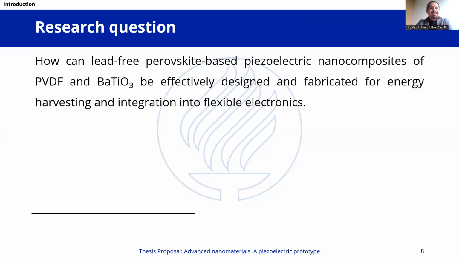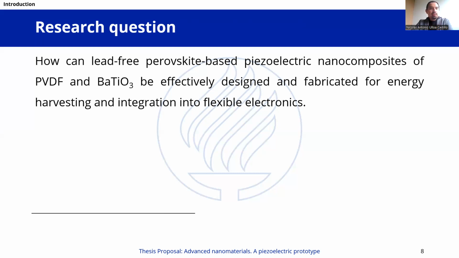Another one is, what are the potential applications of perovskite piezoelectrics in the specific energy harvesting field? This is one of the most important for us for this research. And another one is, how can the electroactivity of perovskite piezoelectrics be optimized for practical use? I mean, with the aim of developing a prototype.